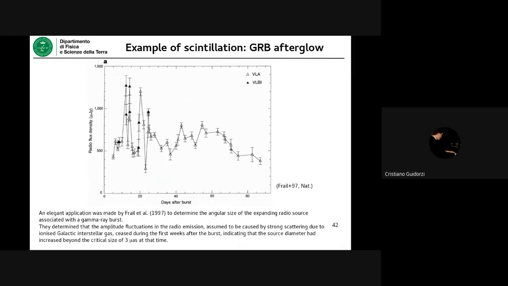In particular, there is a source which is expanding, we know, at ultra-relativistic speed. This expansion shocks the interstellar medium, the medium which surrounds the source. So there is a shock wave developing, and this shock wave emits radiation because part of the kinetic energy turns into radiation.